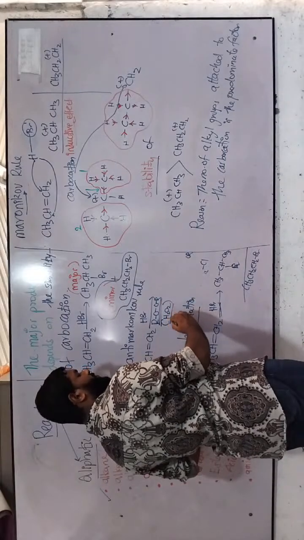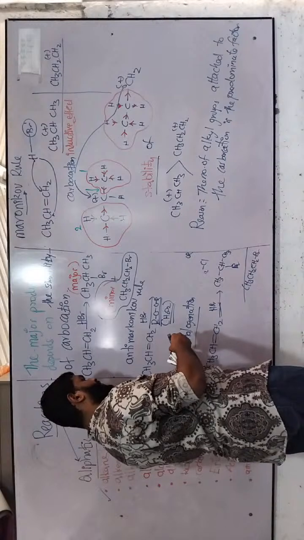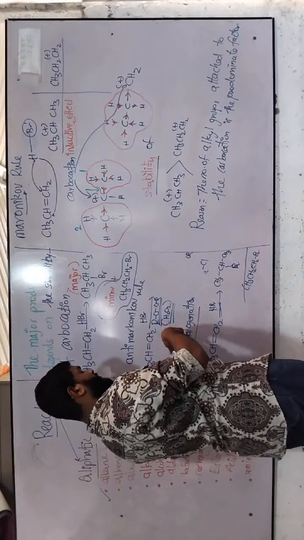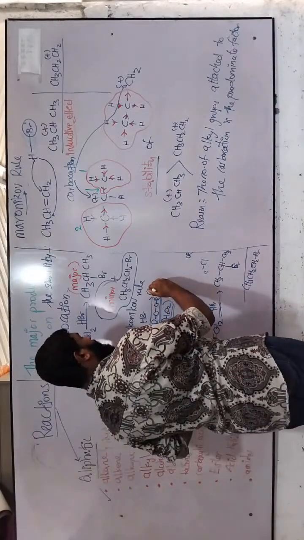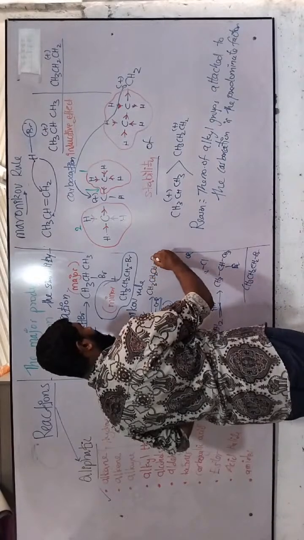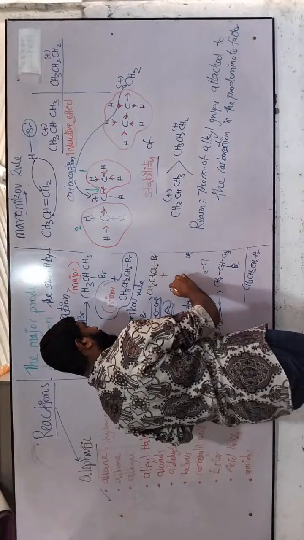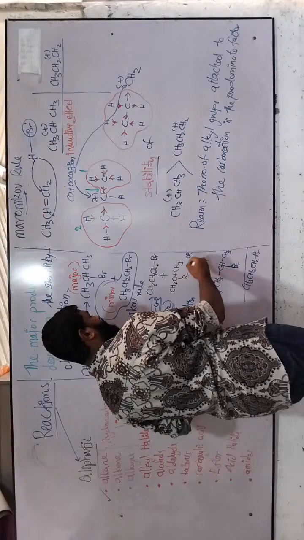If they give it, use this to get the major product: CH3, CH2, CH2, Br. This is going to be your major product, plus CH3, CHBr, CH3.